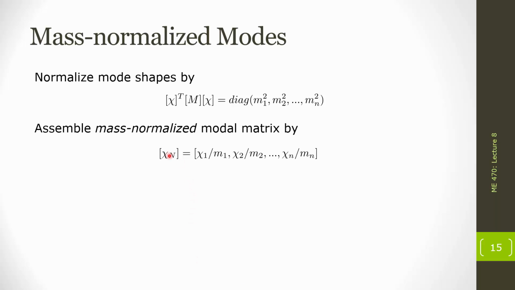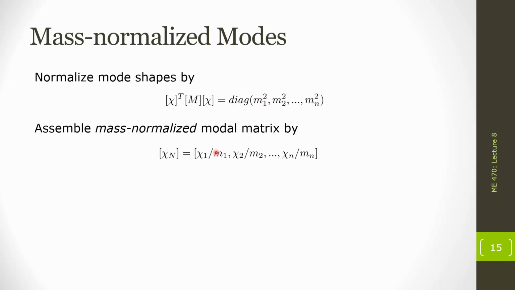So this chi sub n is designating that it has been mass-normalized. And what we do is we're going to take every column of chi, so that is each mode shape, chi 1, 2, 3 to n, and we divide every entry in it by the associated m value we found in the previous step. So again, the entries on the diagonal were this m1 squared.